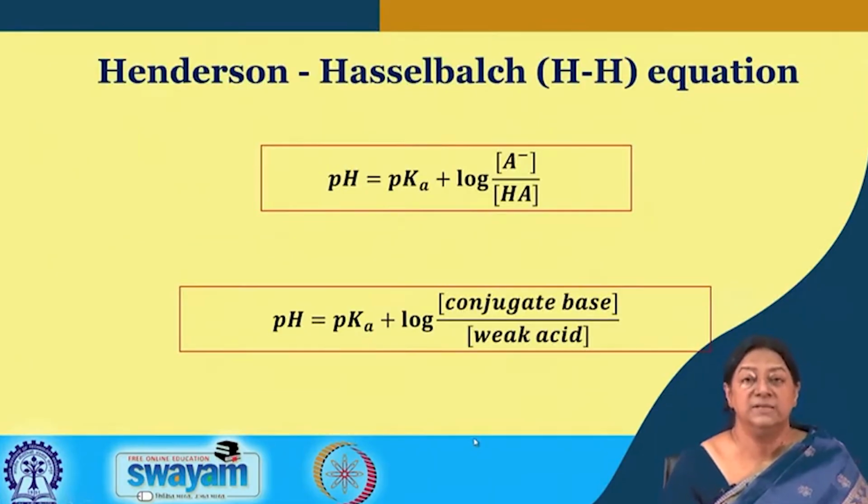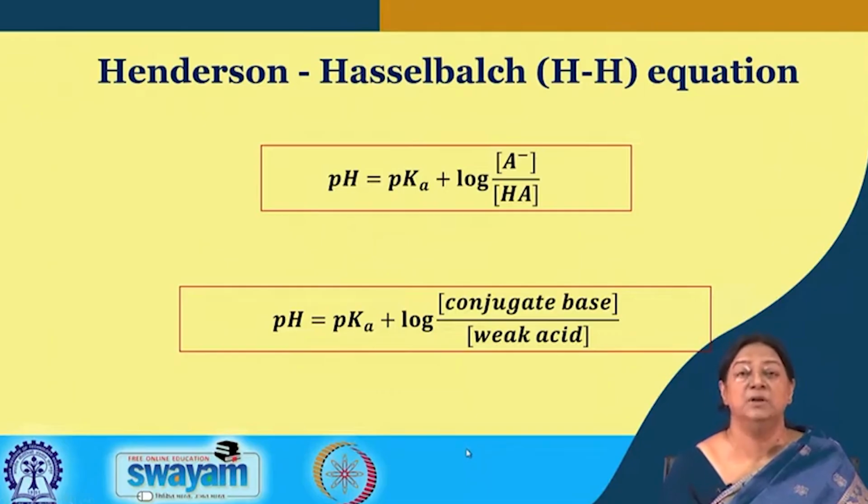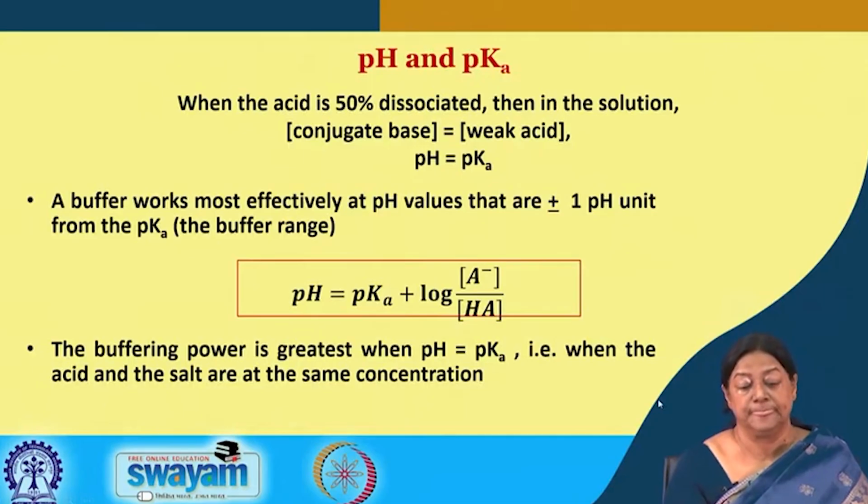It is called the Henderson-Hasselbalch equation, and it is used extensively in determining the pH of buffers and to determine the concentrations of salt or acid required to prepare specific buffers of specific pH with a knowledge of the pKa of the specific acid concerned.